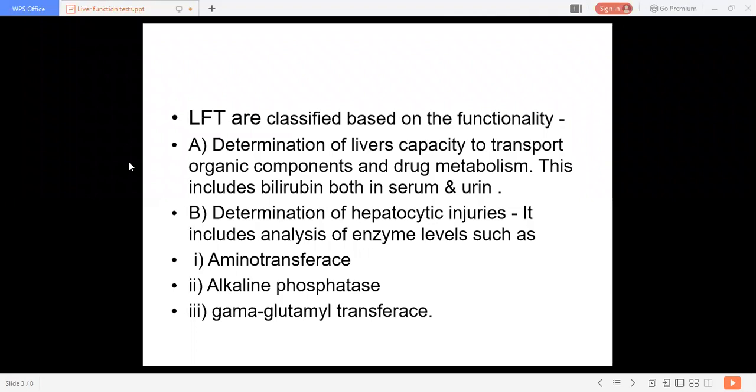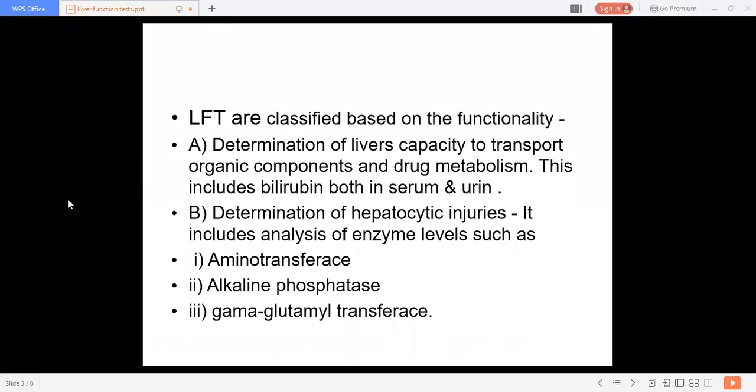This bilirubin, how is it formed? What is the fate of RBC? How does this bilirubin get synthesized?